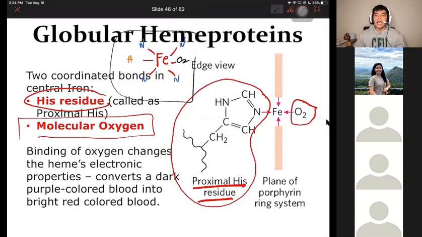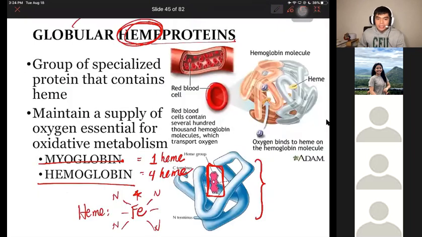Okay? Last question for this meeting. If these are the coordinated bonds, i-relate natin siya sa diniscuss ko kanina. Kung ang myoglobin ay may isang heme, ilang iron meron siya? Isa. So therefore, ilang oxygen ang kayang dumikit sa kada piraso ng myoglobin? Isa lang din ba?